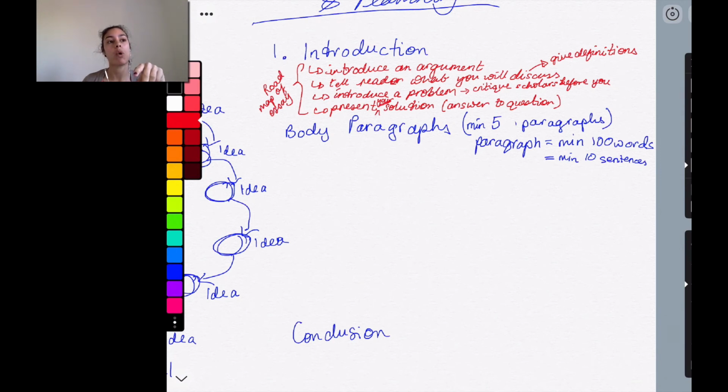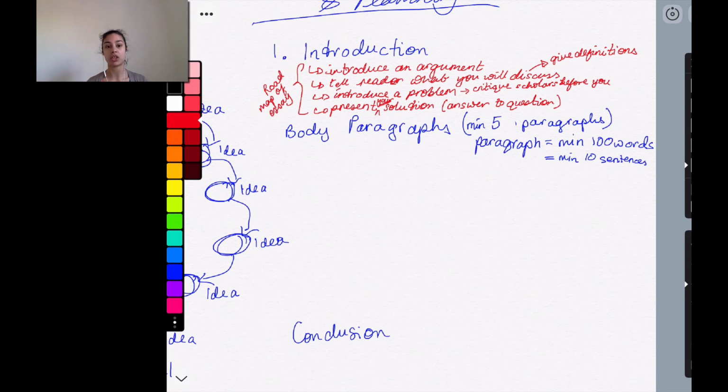Because if they have one understanding of a word or a topic, and you have another understanding, and you haven't defined what your understanding is in the introduction or in the paragraph that you're talking about, you are going to be on a different train of thought, which means that maybe they won't even think that your essay makes sense. So in order for them to actually accept your argument, you need them to understand where you're coming from.